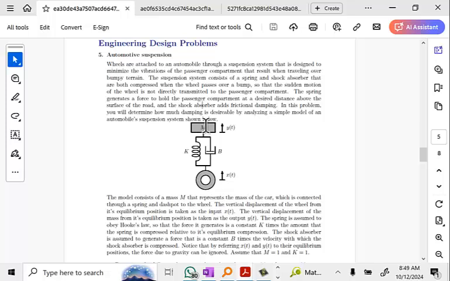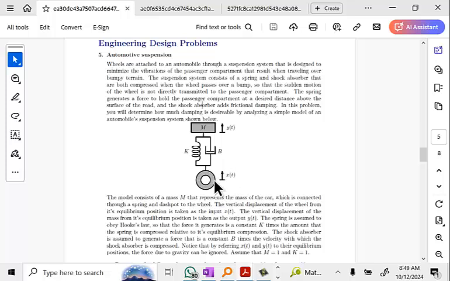So m here is the mass of the car, y is the vertical position of the car, and that's what you want to control. You don't want y of t to vary too suddenly, and you don't want it to oscillate. Now the x of t is where the wheel is. The wheel is contacting the ground, so it's going to follow the height of the ground.